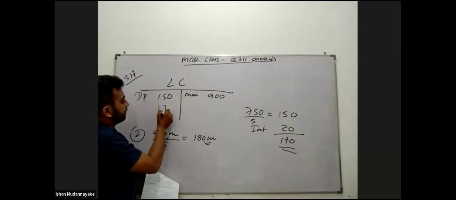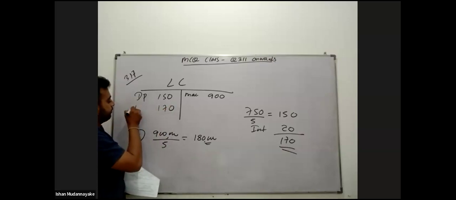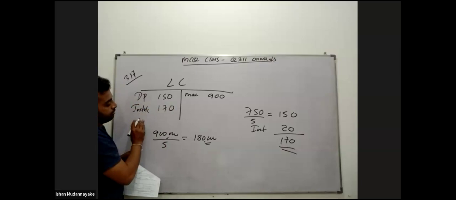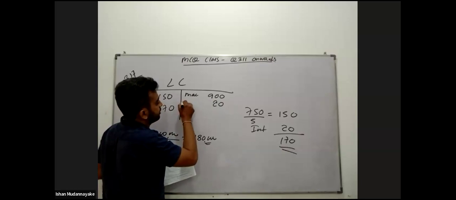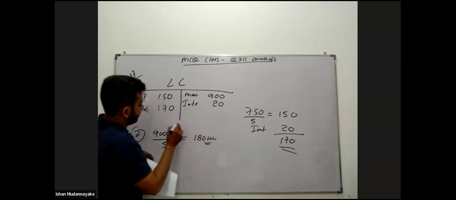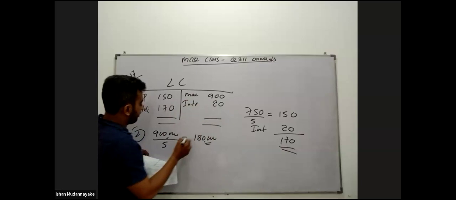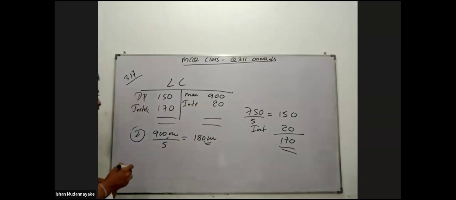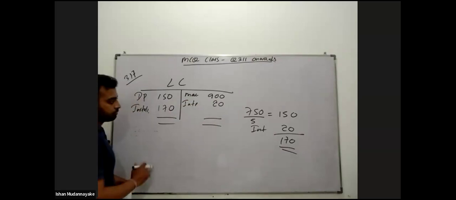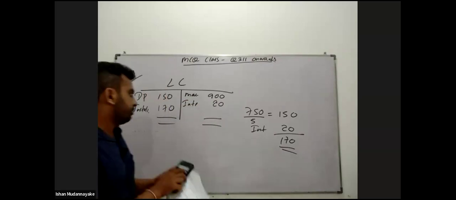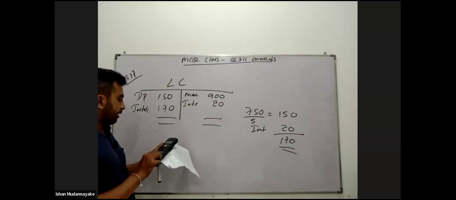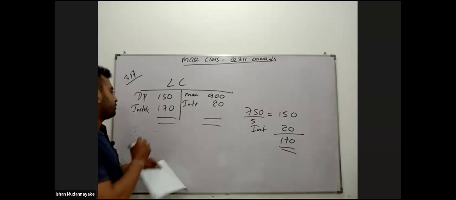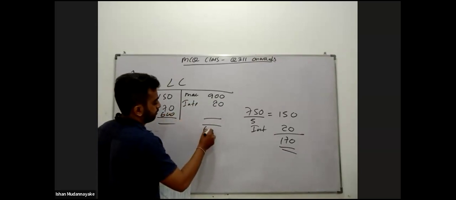First year installment 170, but the interest included in this 170 is 20. Then what is the balance payable amount? 750 plus 20 minus 170 gives 600. Balance payable amount is 600,000.